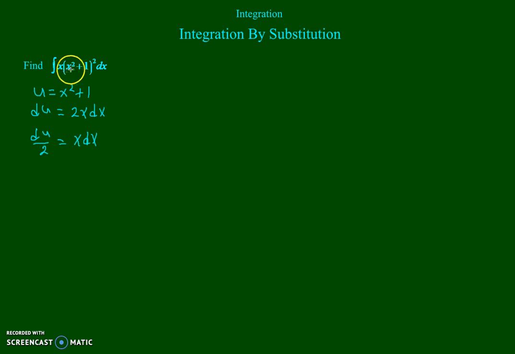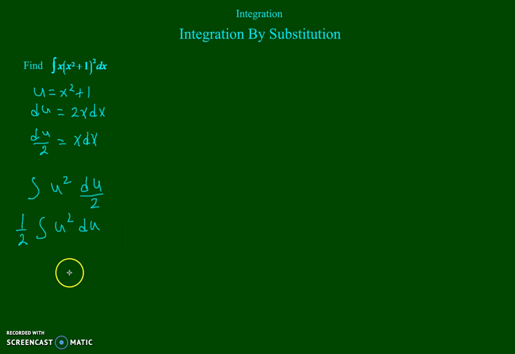We have our x dx, and we have our u and our du. So there's our u going here and x dx. So let's see how this works out. So we have the integral of u squared du over 2, because we had du over 2. Now this is just a concept where it's just 1/2 this whole thing, and we can use the constant rule to pull out the 1/2. So we end up having 1/2 the integral of u squared du.